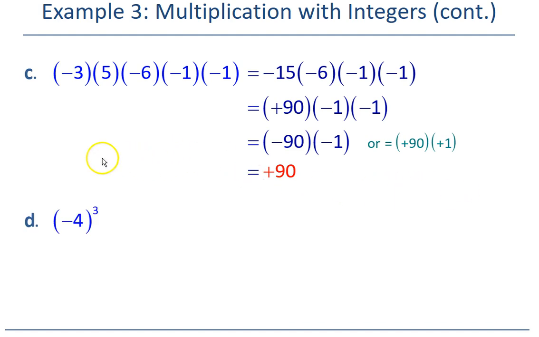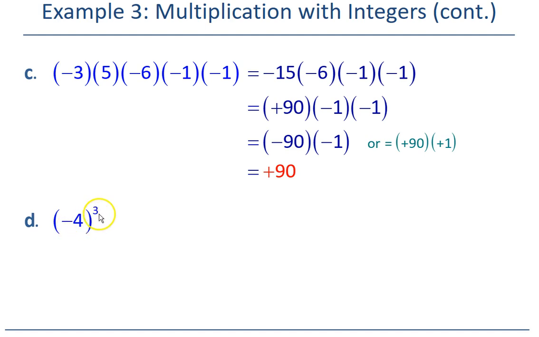Now, this is a shorthand method of showing we want to multiply this -4 by itself 3 times. This is the exponent, this is the base. Now, if the exponent is odd, that same rule applies.